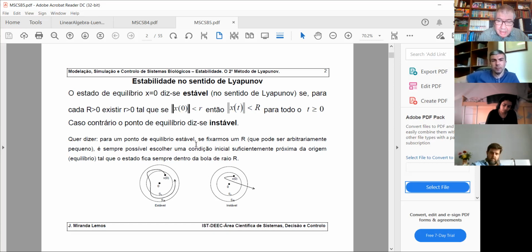And I should be able to find a small r such that if you start at a point within this smaller ball, I will stay at the larger ball for all time. Okay, but this must be for any R. So this capital R can be as small as you want.